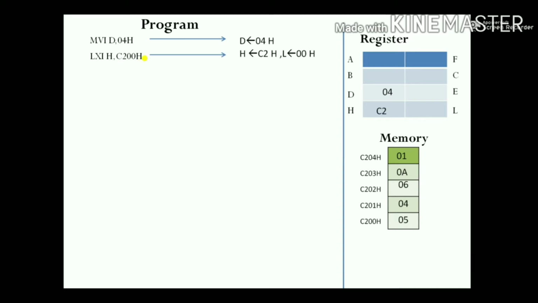The H register will be loaded with C2 and the L register will be loaded with 00. Now the HL register pair is having address C200. It means the memory will point to memory location C200H and the memory will contain the data 05H.